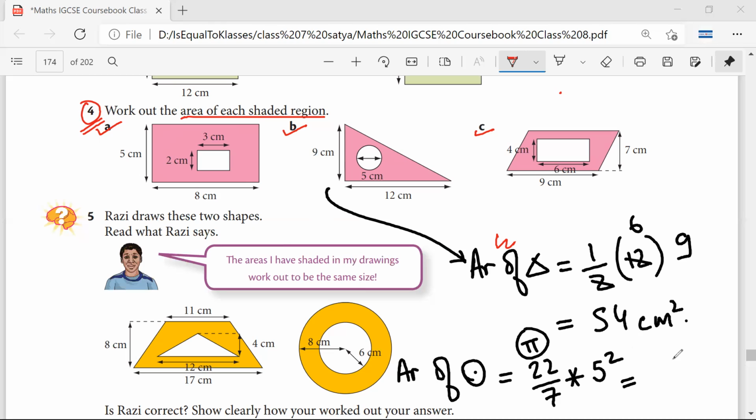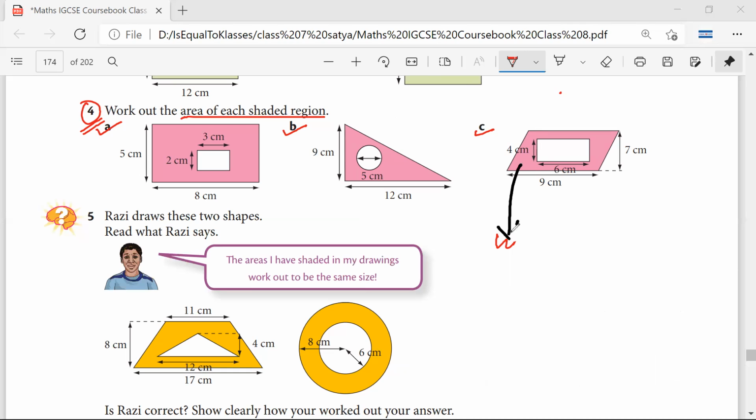What should I do next? So if I have to find the area of the shaded region, what should I do next? Then subtract 550 upon 7 by 54. Sarthak, have you understood? Yes, sir.